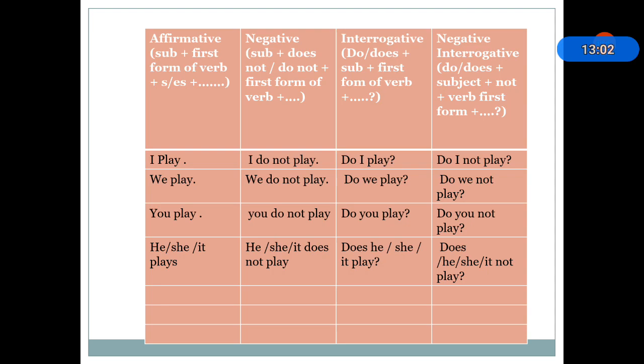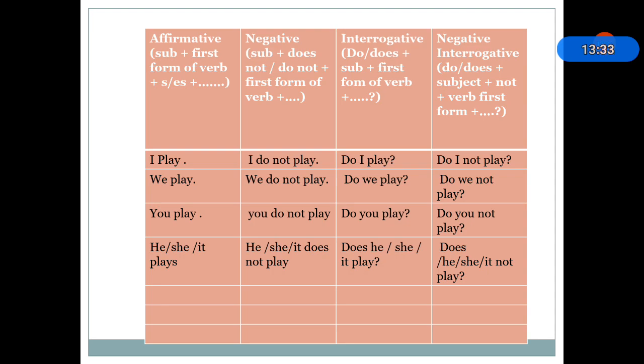Example, I do not play, we do not play, you do not play, he, she, it does not play. Negative sentences are the sentences in which we say no. Again in the same way, with first person and second person, that is I and you, we do not add s or es to the first form of verb.